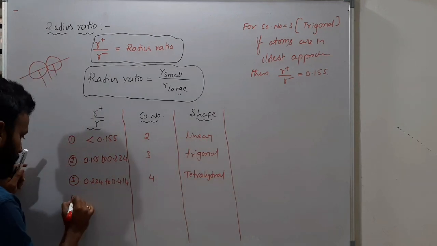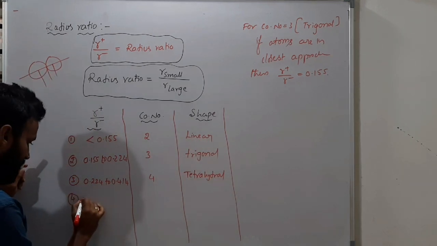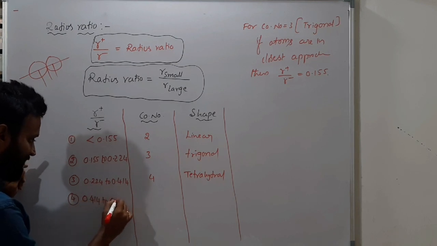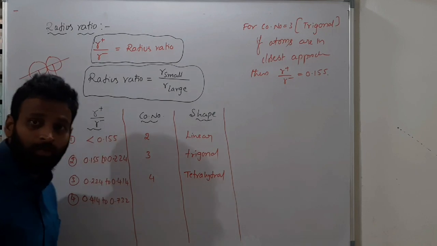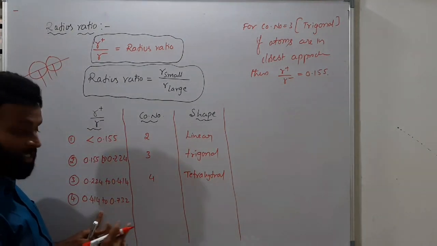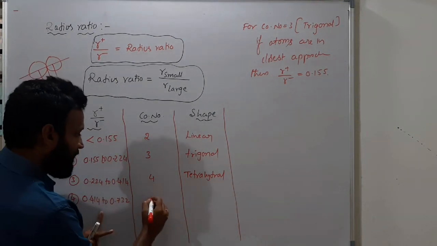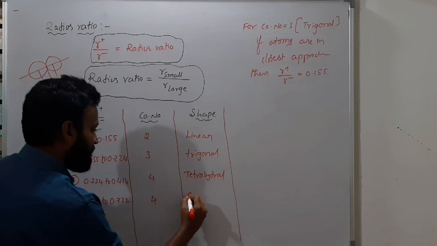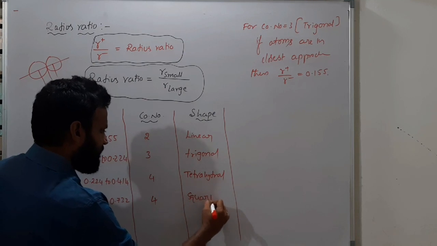Okay. And the fourth one, if the radius ratio is 0.414 to 0.732, observe carefully. The coordination number will be 4 only, and that is square planar.